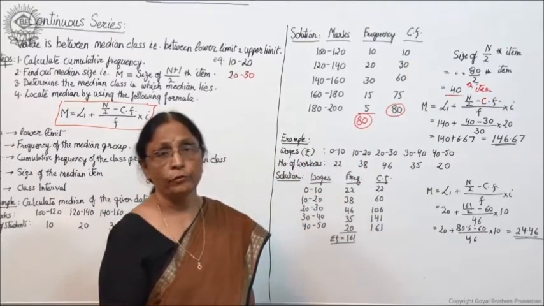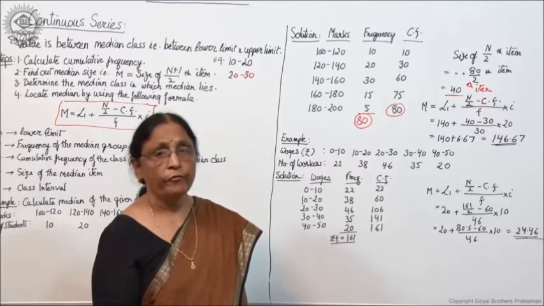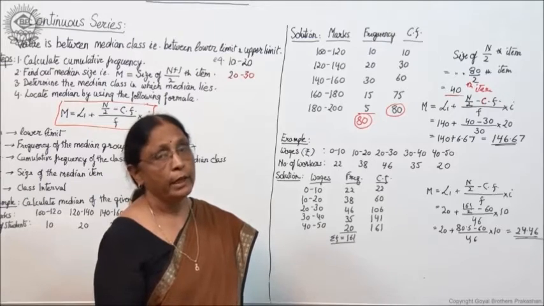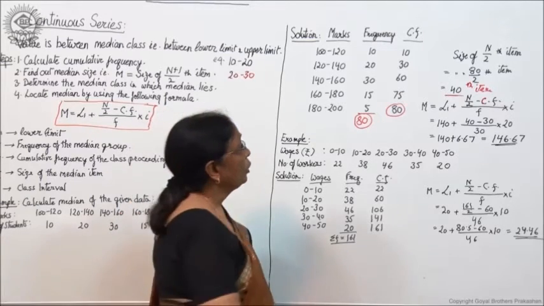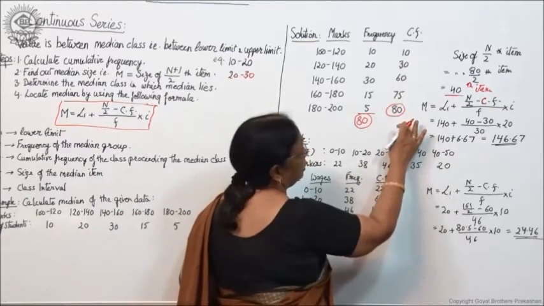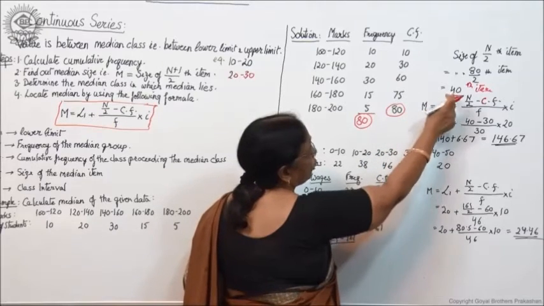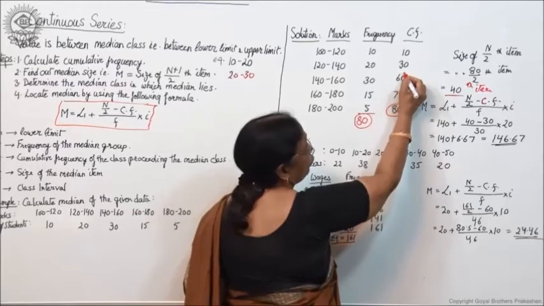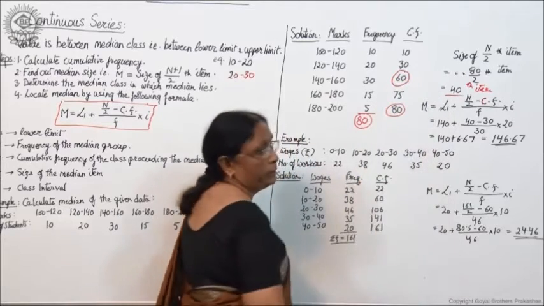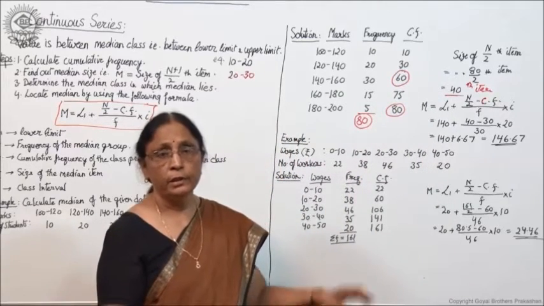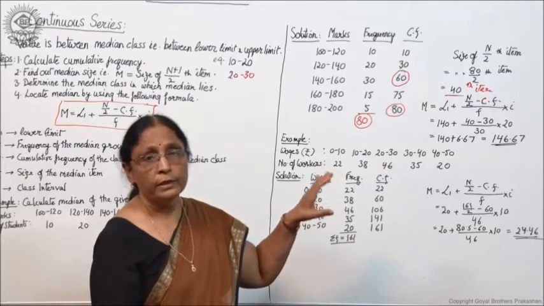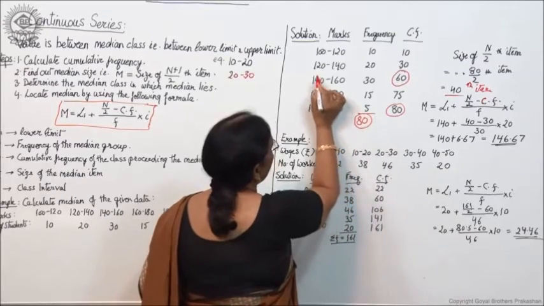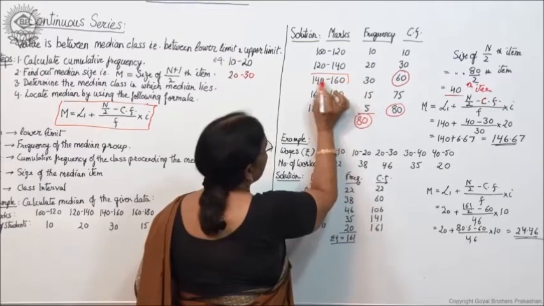In the distribution of cumulative frequency, find out where 40 lies, or where n upon 2 lies. Now, 40 you cannot see here, but you know that 40 is more than 30, it is less than 60, so 40 is somewhere here. It is included in 60, right? So, this will become your median class.